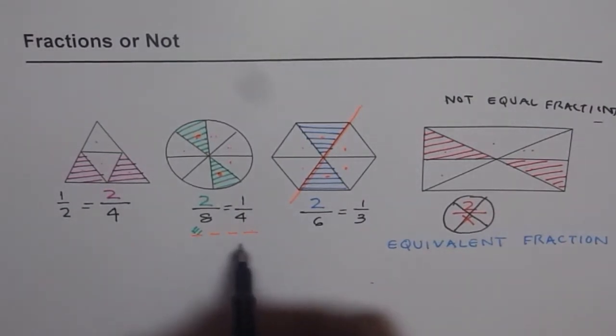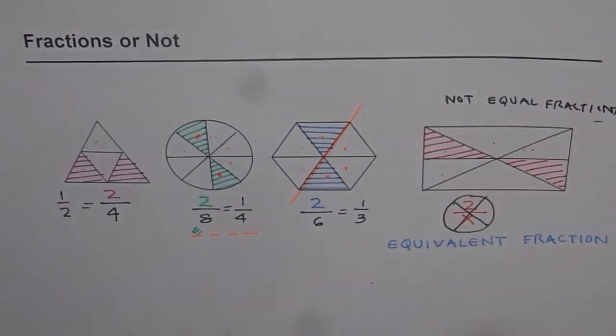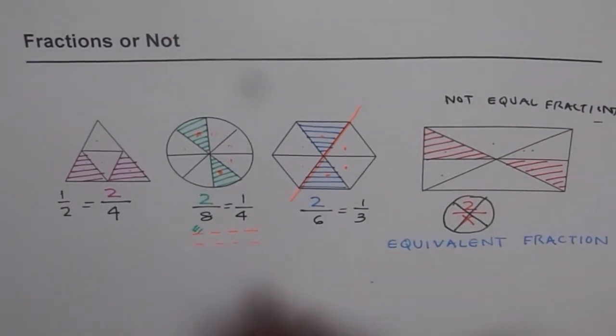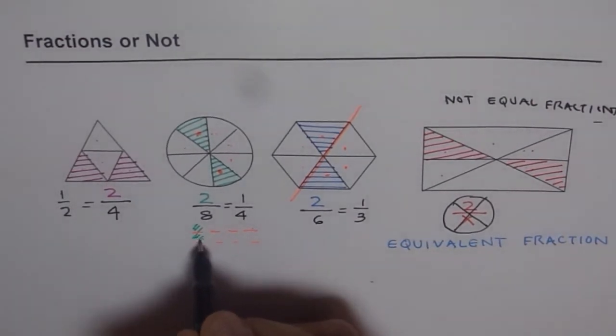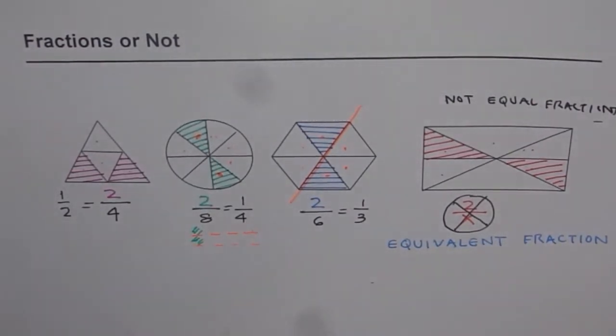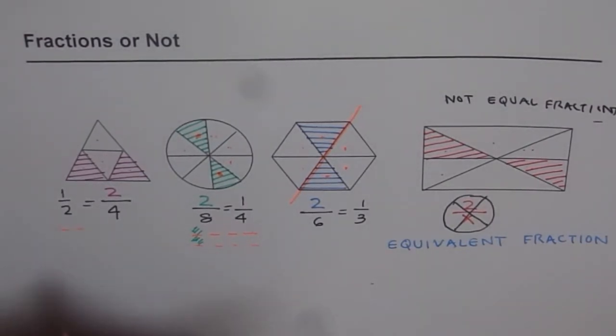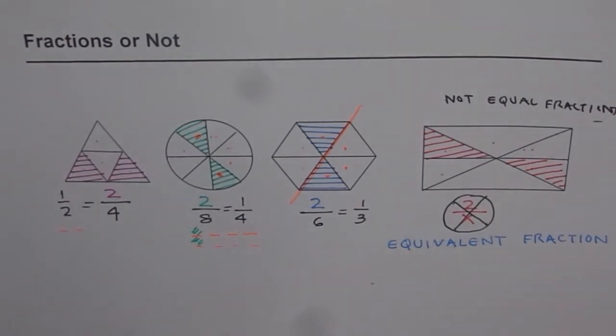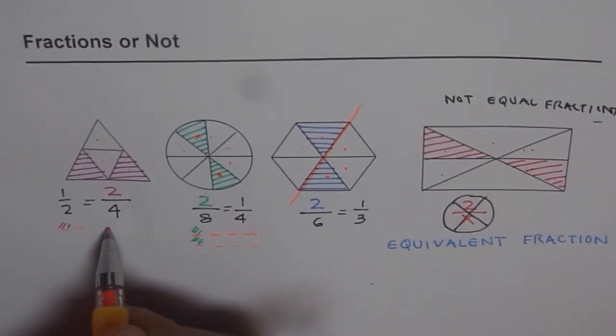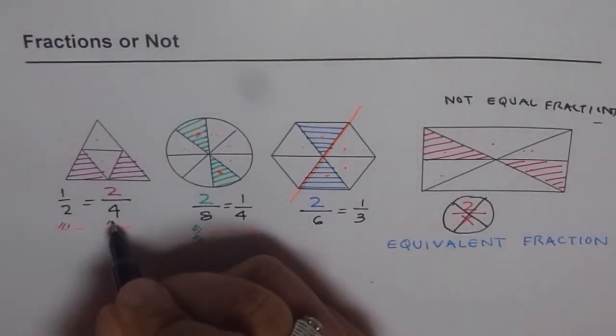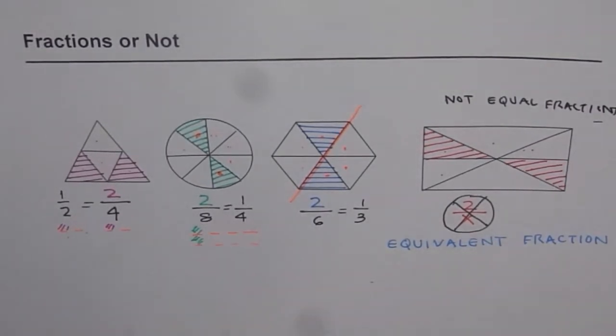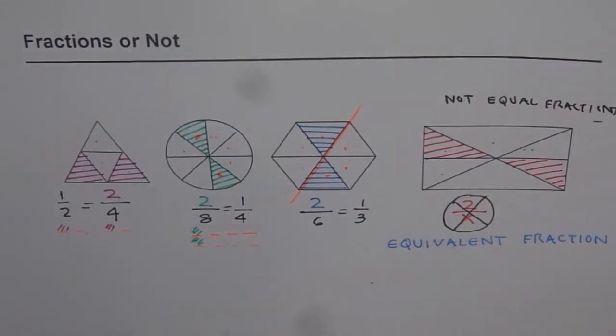From every group of 4, you will shade 1. Another group of 4, shade 1. So in all, you got 2 of them shaded. When I say half is shaded, that means from 2 equal portions, you selected to shade one of them, right? Then again, from next 2, shade 1. So in all, from 4, shade 2. So that is another way of looking into fractions and equivalent fractions.